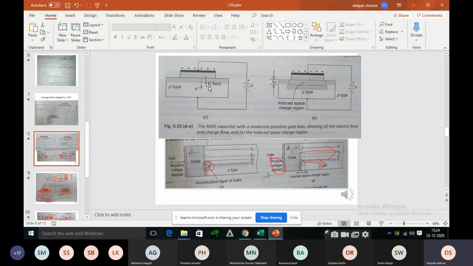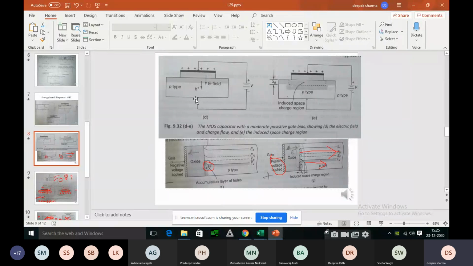So at this time, how will your accumulation of holes be happening? Yes, the Fermi energy level will be near to the valence band, right? So how can this diagram be interpreted here?